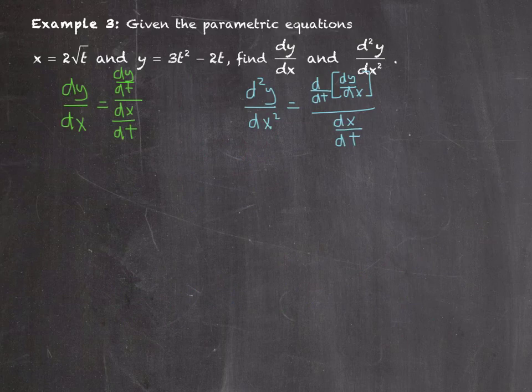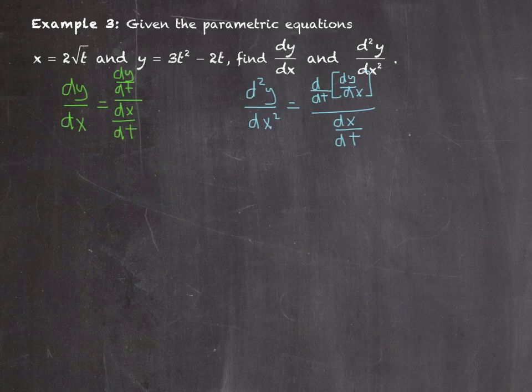This is true because when you divide fractions, you multiply by the reciprocal of the denominator, so that's going to be multiplying by dt/dx. And you can see here that when you do that, the dt's are going to cancel, and that just gives you dy/dx. So I'm going to erase that so you have a little bit more room. And we're going to do that.